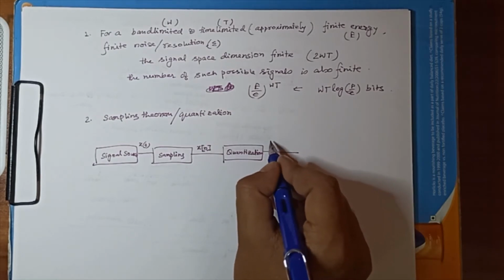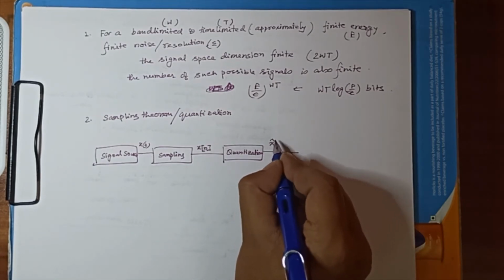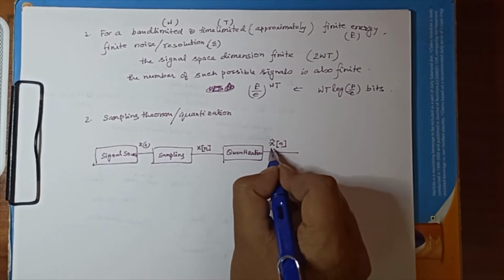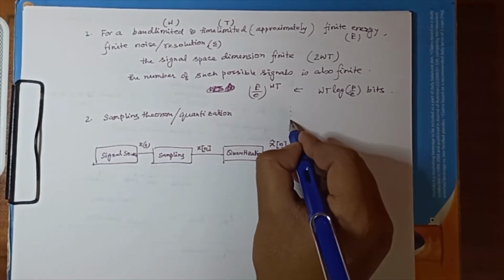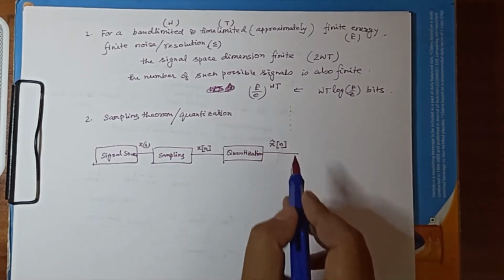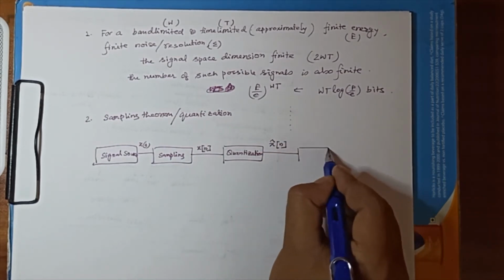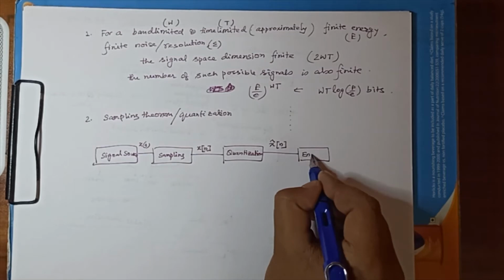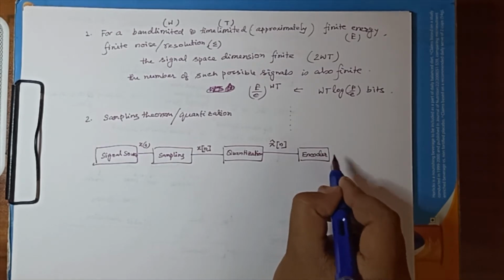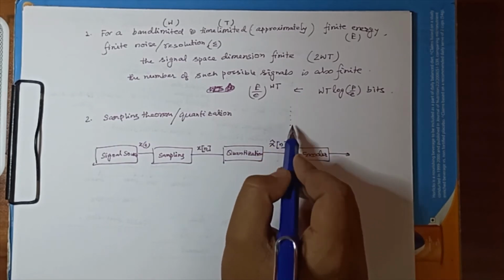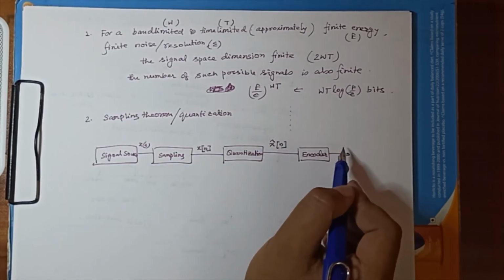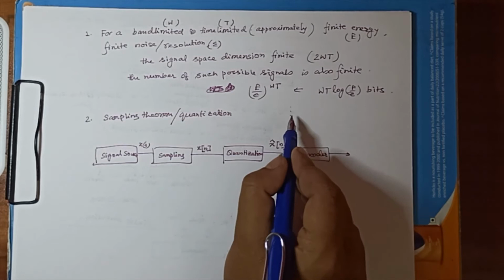So this signal, which I am writing as x hat n, can take some finite values. These finite values we can then encode using binary encoding, and if there are some N finite values, there can be log N bits by which you can represent every value.